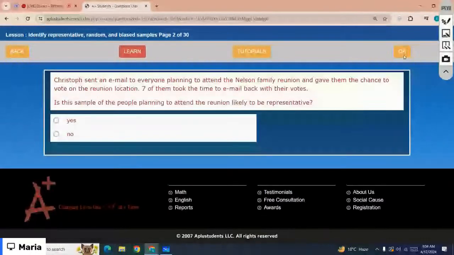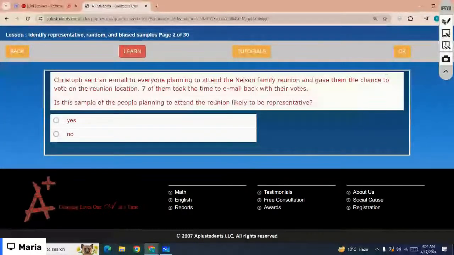Christophe sent an email to everyone planning to attend a Nelson family reunion and gave them the chance to vote on the reunion location. Seven of them took the time to email back with their votes. Is this sample of the people to attend the reunion likely to be representative? So, which is the correct option? The correct option is no. Why?